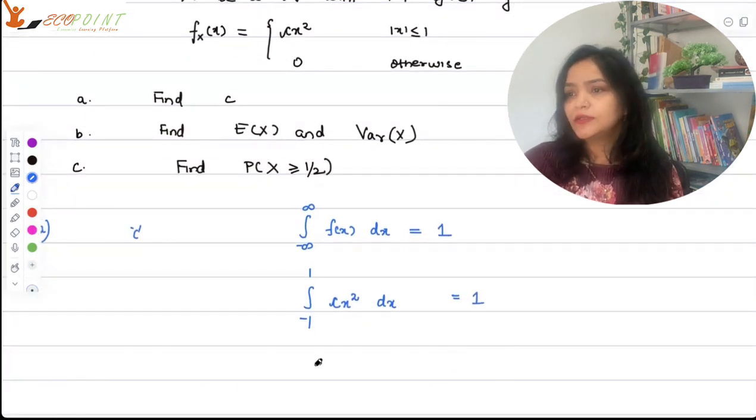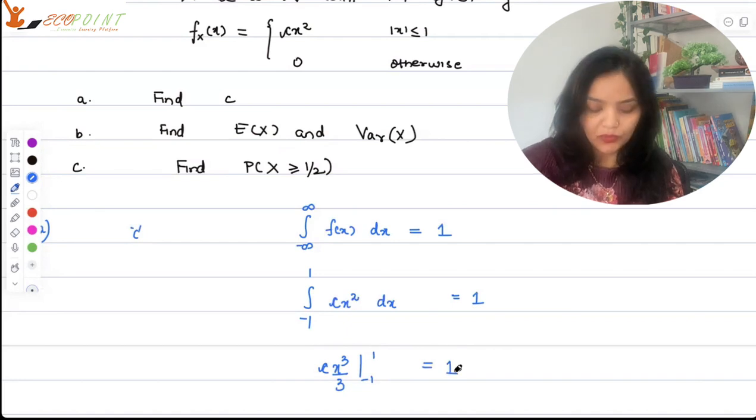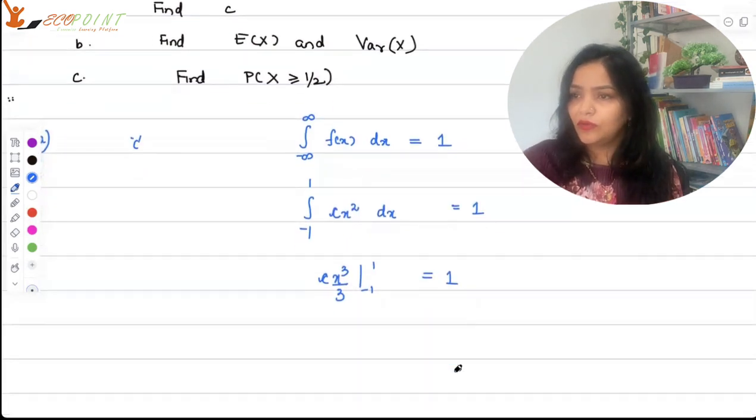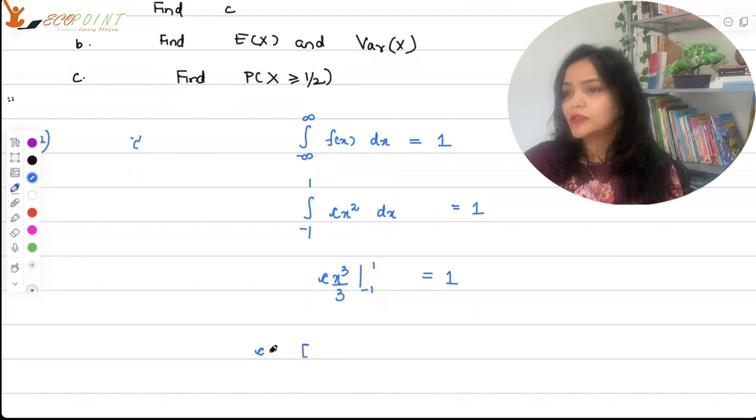So this means cx cubed upon 3 from -1 to 1 should be equal to 1. So therefore, keeping c here, now putting the bounds, c by 3 is here. Let's put the bounds now. So 1 cubed minus -1 cubed.